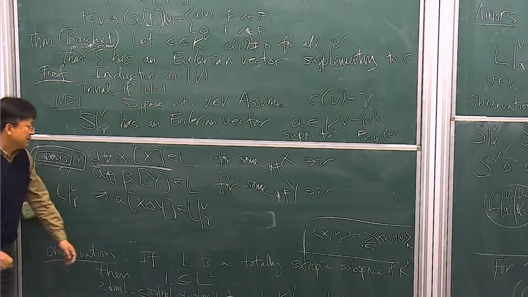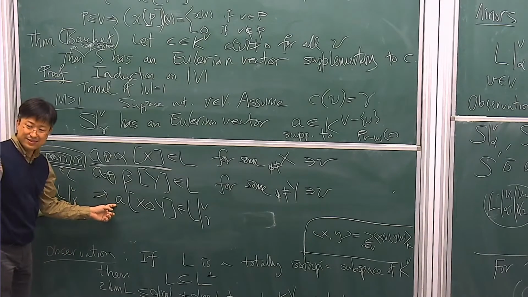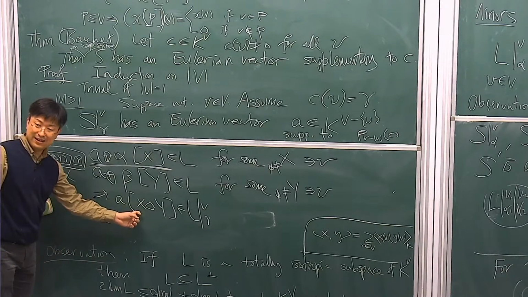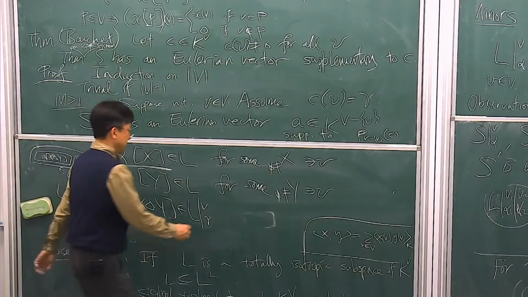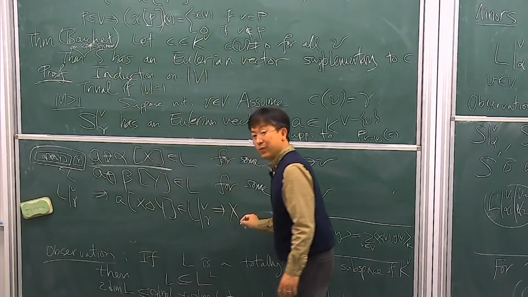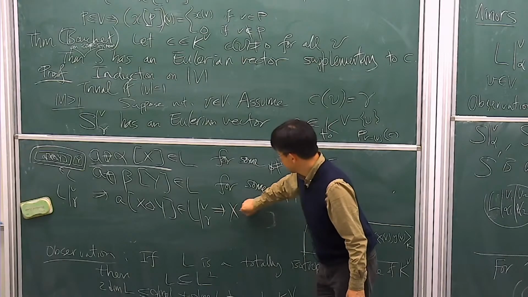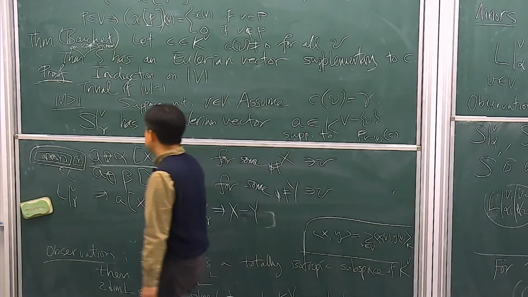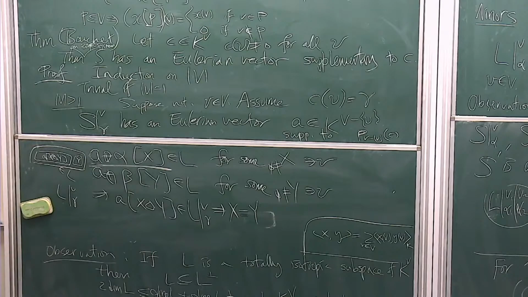Now, A was Eulerian, so that means X is equal to Y, because X delta Y is empty. So X is equal to Y. What does that mean?